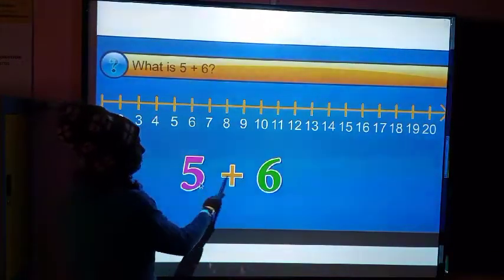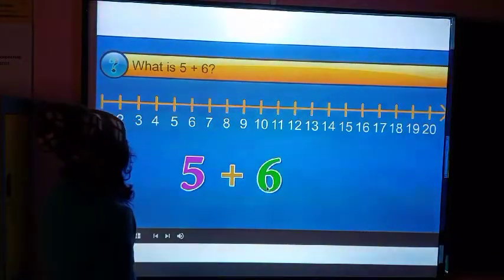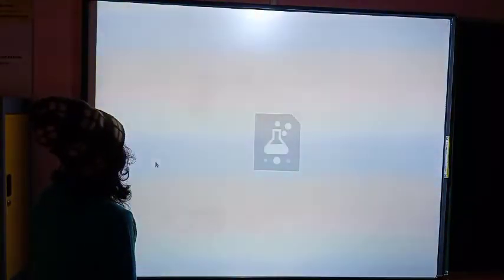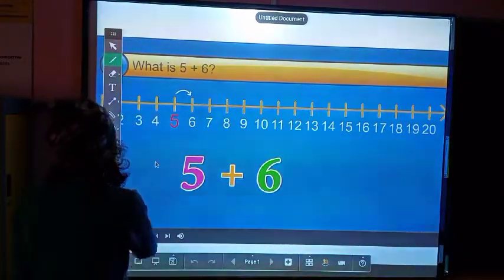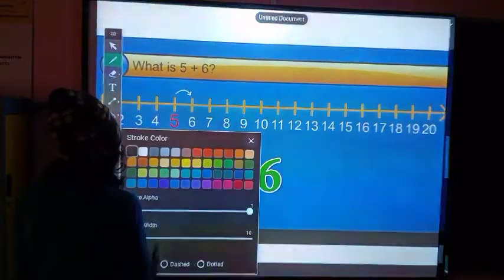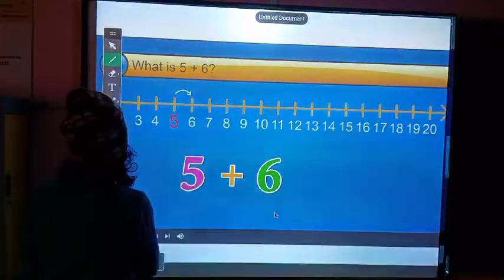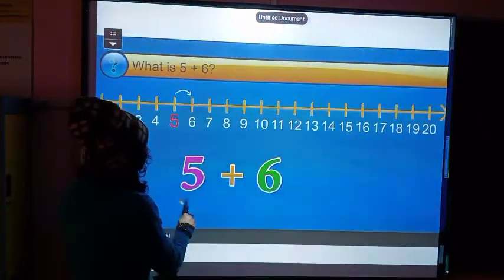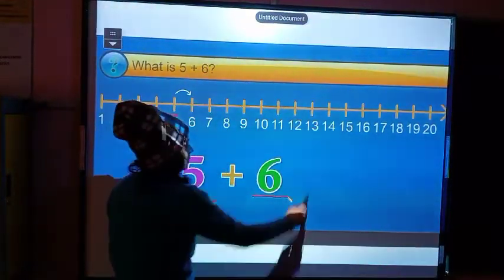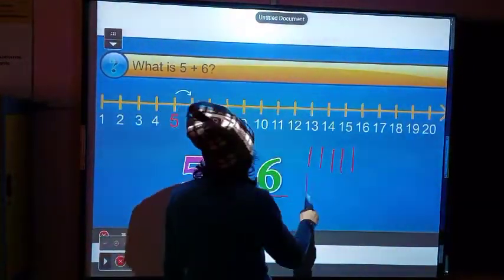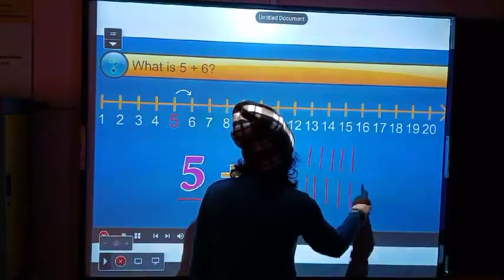Then 5 plus 6. What is 5 plus 6? 1 2 3 4 5, then 1 2 3 4 5 6.